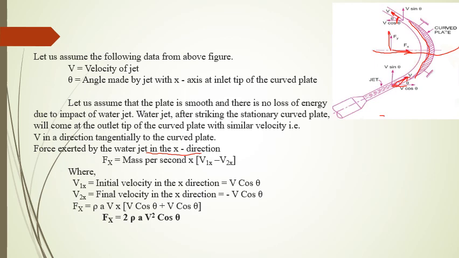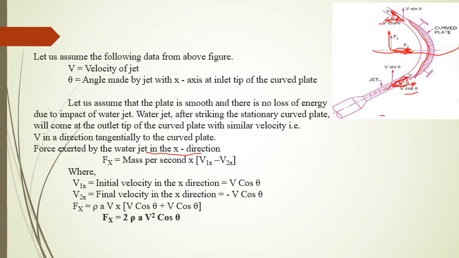So force exerted by the water in the direction of jet, we have to find the force in horizontal direction. Here the jet is flowing with an angle theta. So resolving components, we get horizontal component as v cos theta at the inlet, and also at the outlet the velocity component is minus v cos theta. Here minus indicates the direction of velocity.